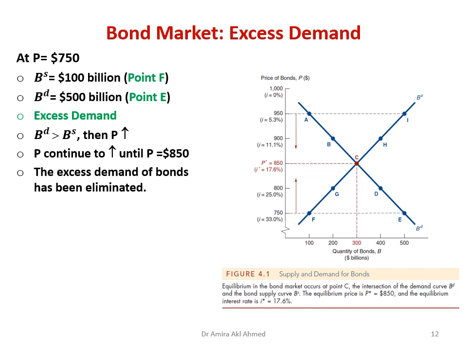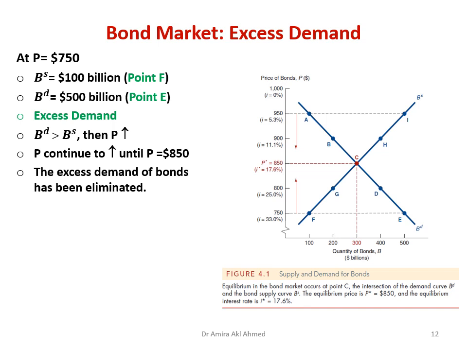Given that the quantity demanded is greater than the quantity supplied, the bond market suffers from excess demand. Now, people are willing to buy more bonds than others are willing to sell. Hence, the price of bonds will be driven up.